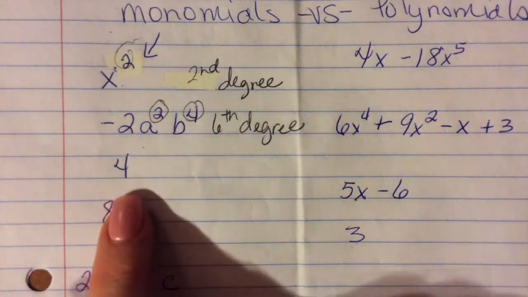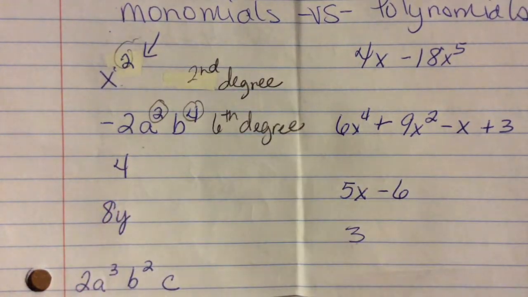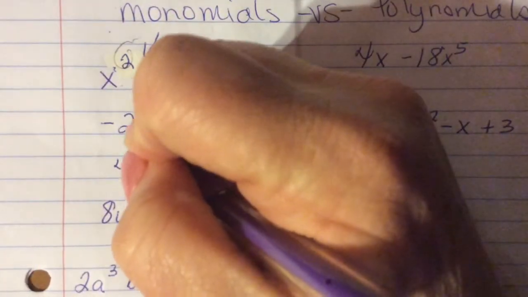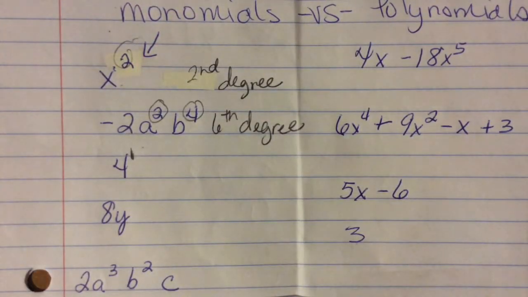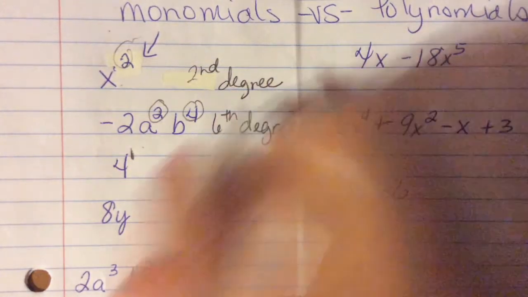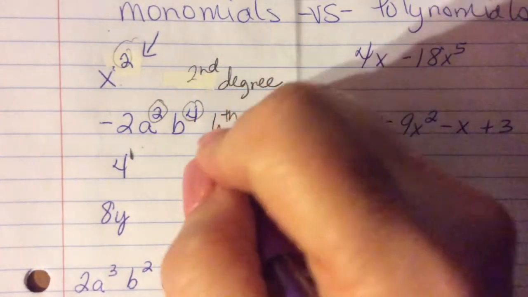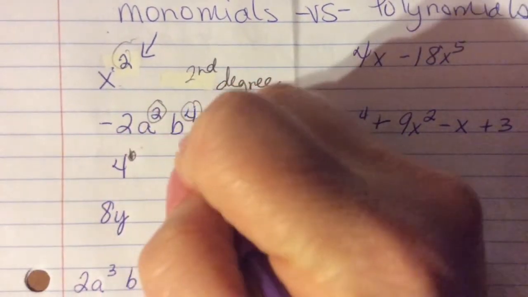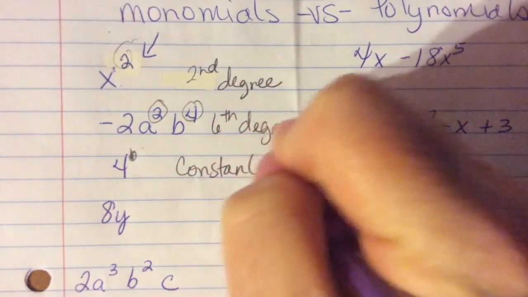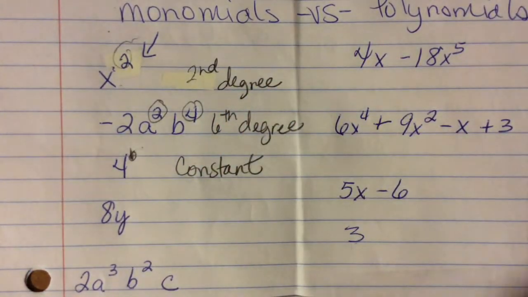For this one, it doesn't have an exponent. If you remember the lessons we did before, if it's not there, that means it's a 1. So this one is to the 1st degree. Or actually, no, this one is a 0. This is what's called a constant number, because it doesn't have a variable.